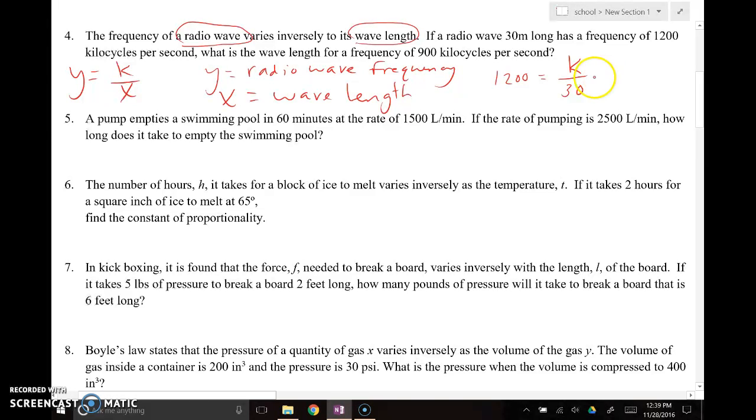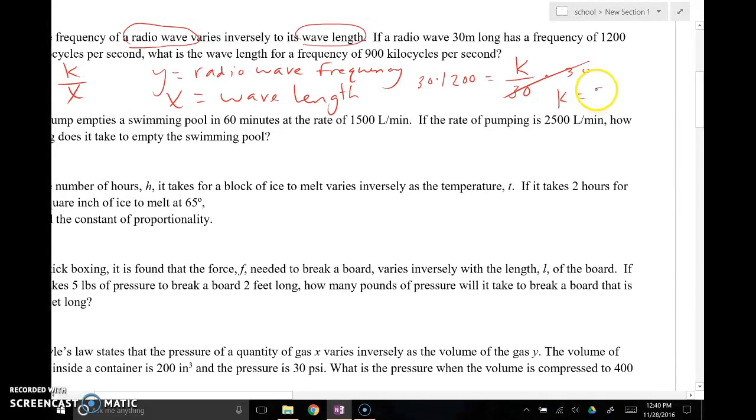So to get rid of this division, I've got to multiply and get my variable by itself. These cancel. And my constant is equal to 30 times 1200, which would be 36,000, and that's kilocycles per second.